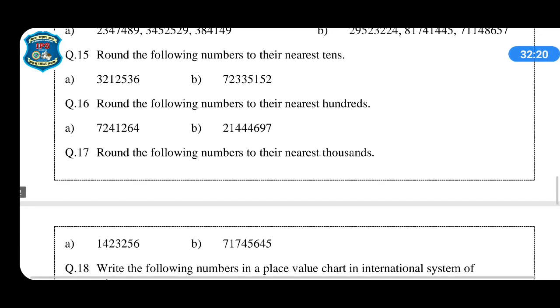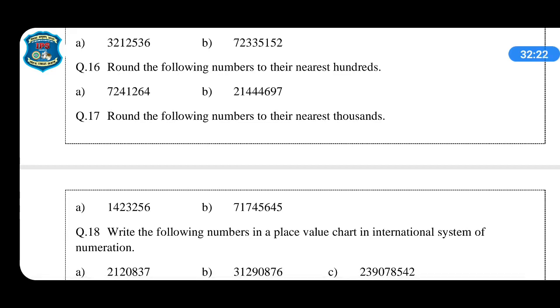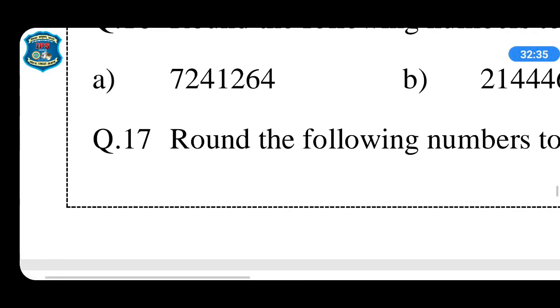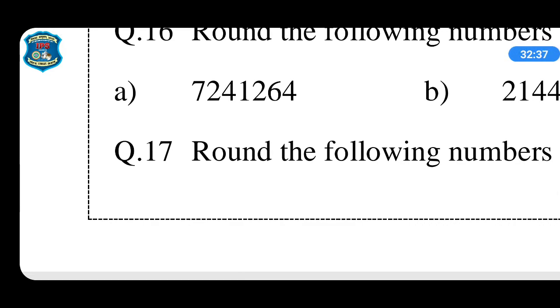Now the question number 16 is round the following number to the nearest 100. Now you have to see to the nearest 100. So let us see the number. First see the number. What number is given to you? The number is 72,41,264.